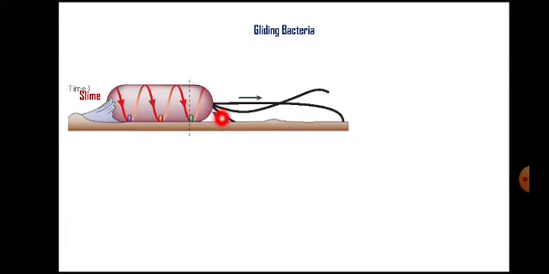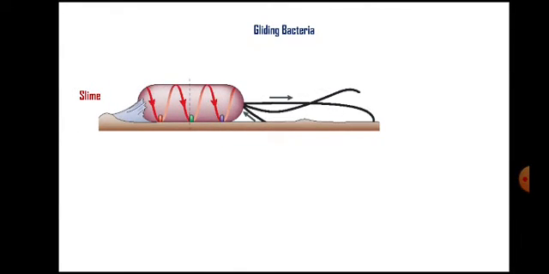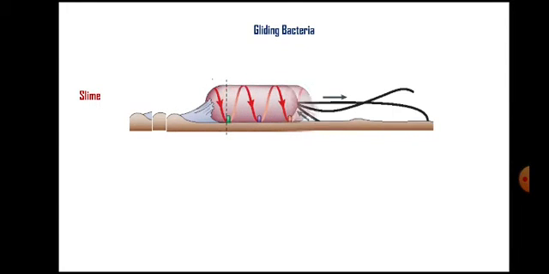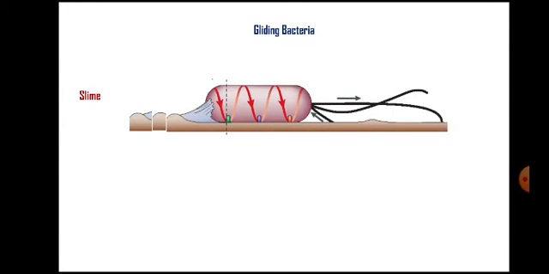Sometimes if a bacterium possesses flagellum, then with the help of this flagellum it can hold the surface and push itself on the solid substrate like this. So with the help of this slime and movements in the bacterial cell wall in a circular fashion, it can move ahead on the solid substrate like this.